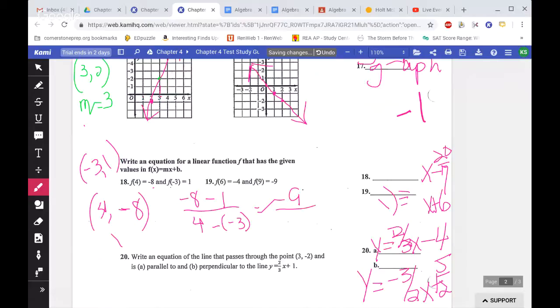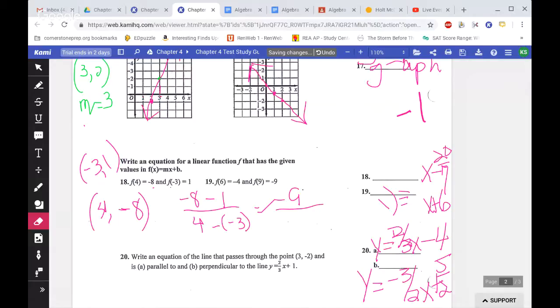Why would 8 go first? Because that's the point I picked. If you picked the other one, then 1 would go first. Well, I did 1. It doesn't matter. You're still going to get this. You could do it either way.